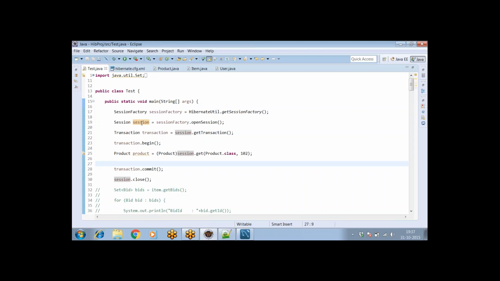Okay. Fine. But what exactly do we mean by a transaction here? So can someone define what is a transaction? Transaction means what?